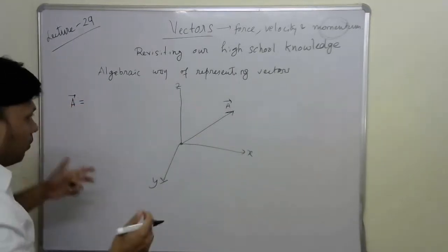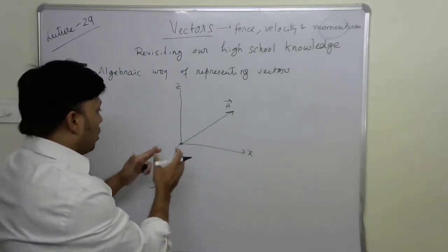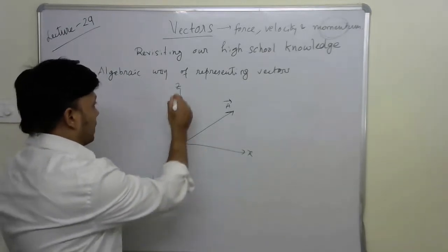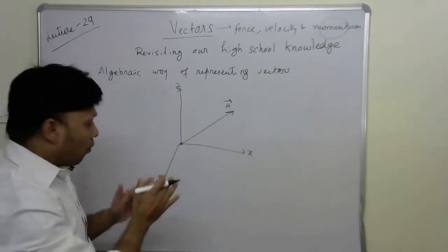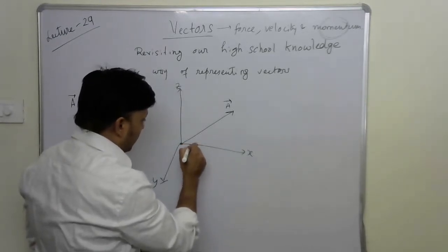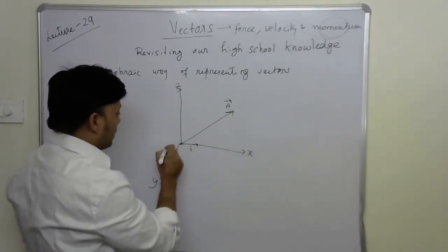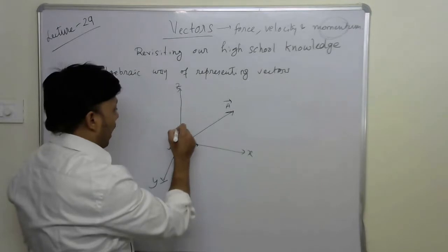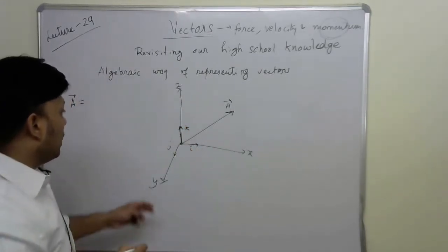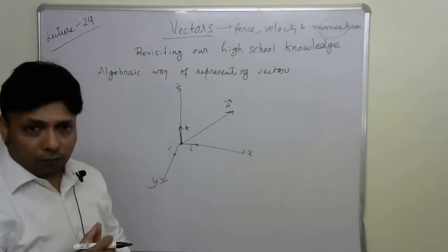In an algebraic way, there is a way to write the vector A, because we resolve the three components of that vector along three mutually perpendicular axes x, y, and z. While we do so, we define some unit vector along x, y, and z. For example, i becomes the unit vector along x, j becomes the unit vector along y, and similarly k becomes the unit vector along z. So we choose i, j, k as per the definition.